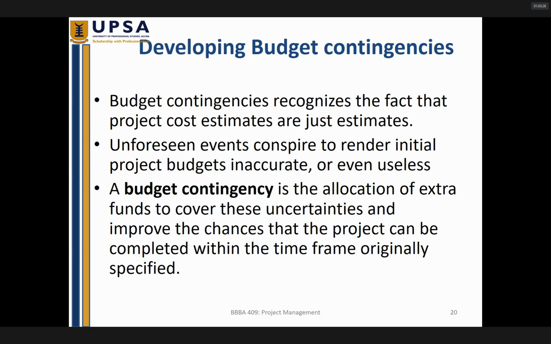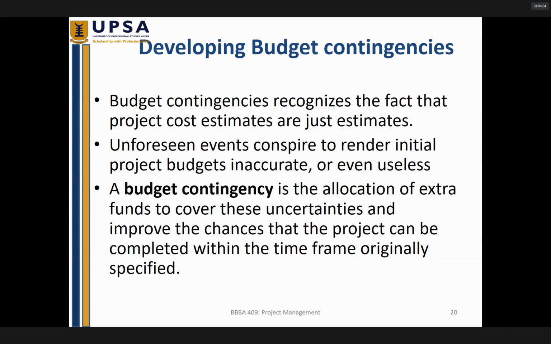So here, contingency budget just recognizes the fact that the cost estimates are mere estimates. Anything at all can happen. Unforeseen events conspire to render the initial project budget inaccurate. So there are times unforeseen events would make the project budget inaccurate. You will still need more money to beef up, making the budget you have made irrelevant.